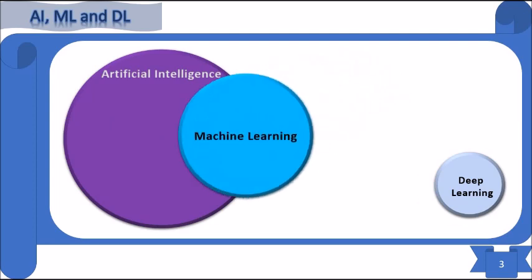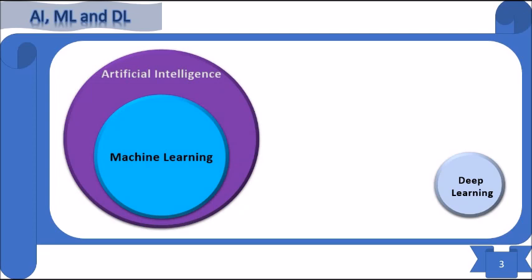Machine learning is the branch of artificial intelligence that covers the statistical part. It teaches the computer to solve a problem by looking at examples, learning from them, and using that experience to solve the same problem in a similar situation.